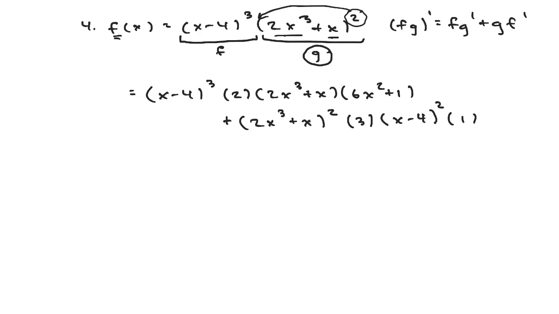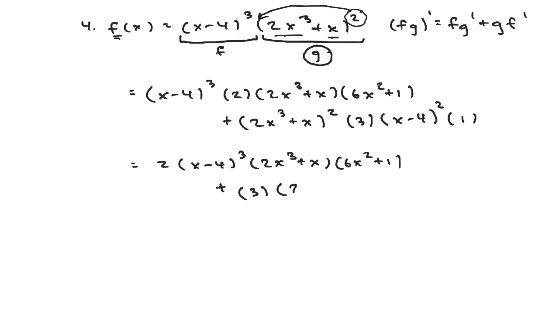And so if we wanted to, we could rewrite this as 2 times x minus 4 cubed times 2x cubed plus x times 6x squared plus 1. And this we can rewrite like this, and then I'm going to pull the 3 out in front, so I have 3 times 2x cubed plus x quantity squared times x minus 4 squared.